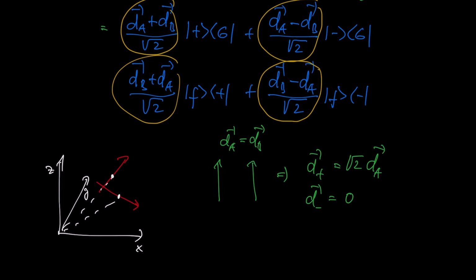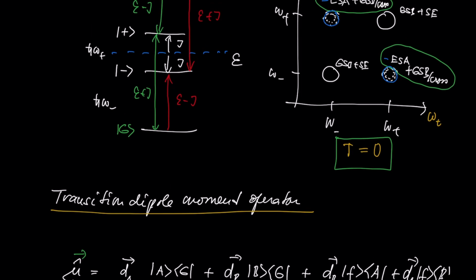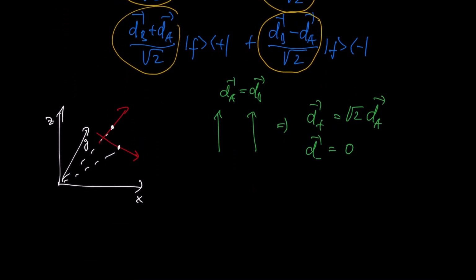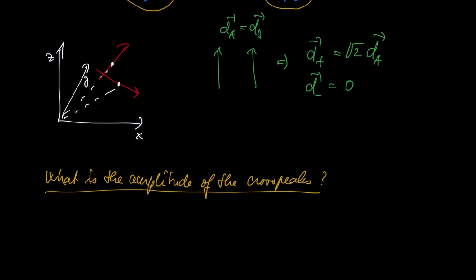But what we actually have to ask now is, how is this going to be important for the amplitude of the crosspeak? So let's ask, what's the amplitude of the crosspeaks? So the amplitude is always given by the difference between the excited state absorption, which comes with minus, so there's always minus excited state absorption, and plus the ground state bleach of the cross type.